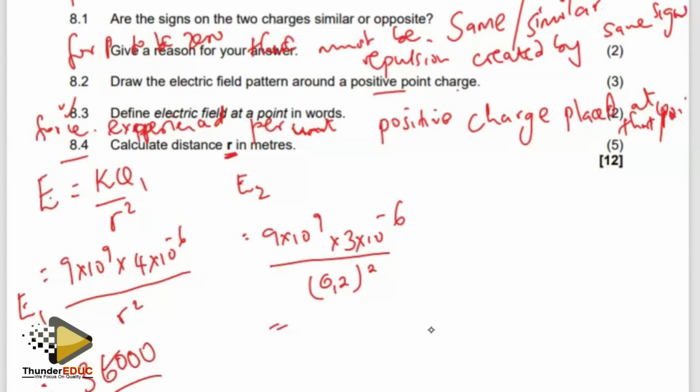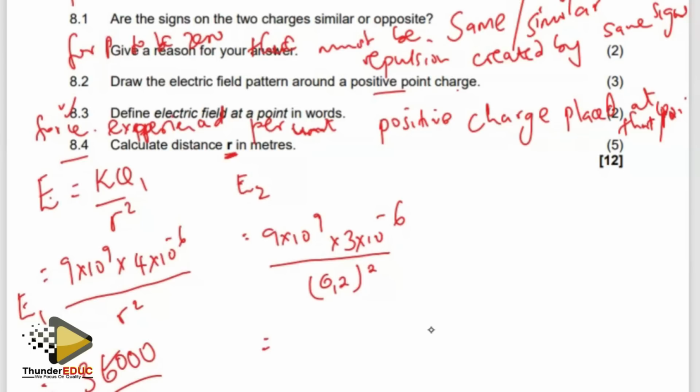We're saying if we plus, but it's going to be minus since it's in the opposite directions. Doesn't matter at this point. Let's see. We have 9 times 10 to the 9, multiplying by 3 times 10 to the negative 6.